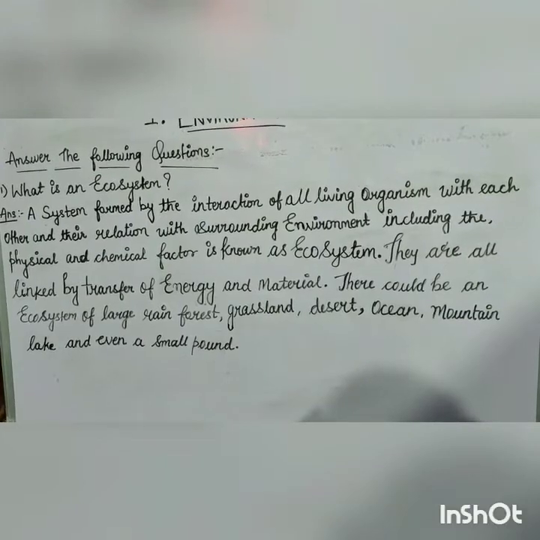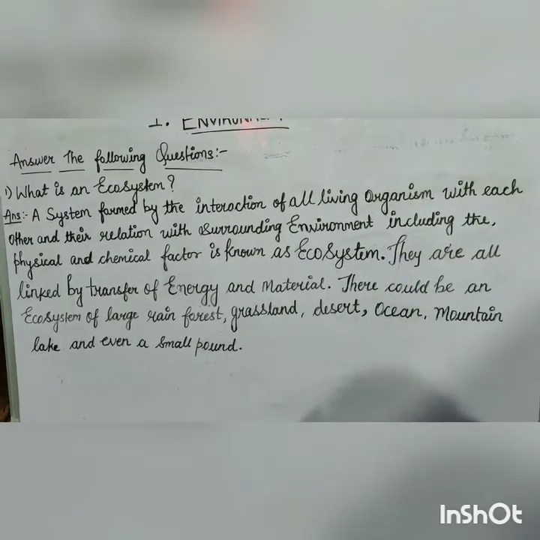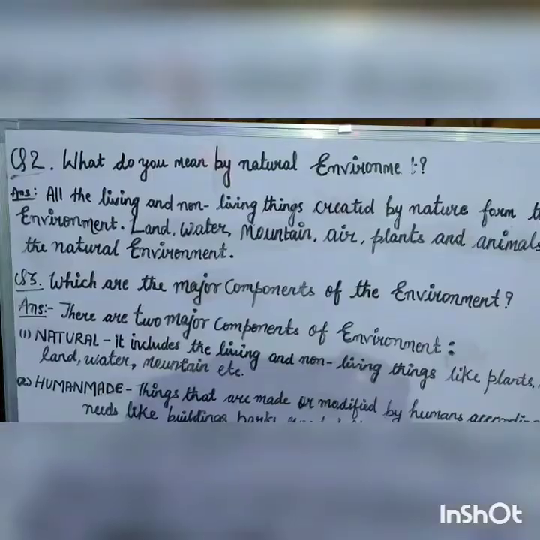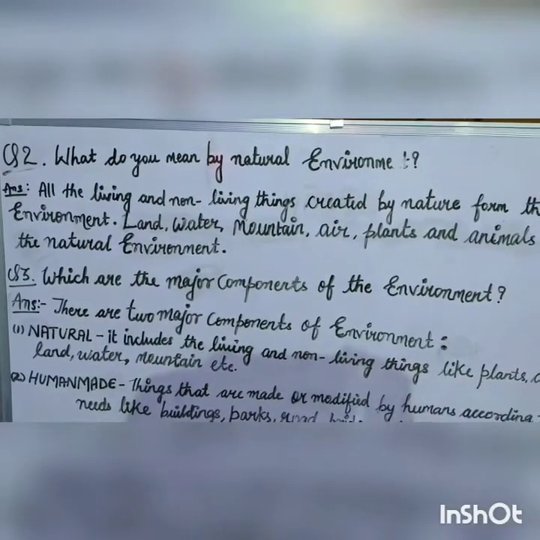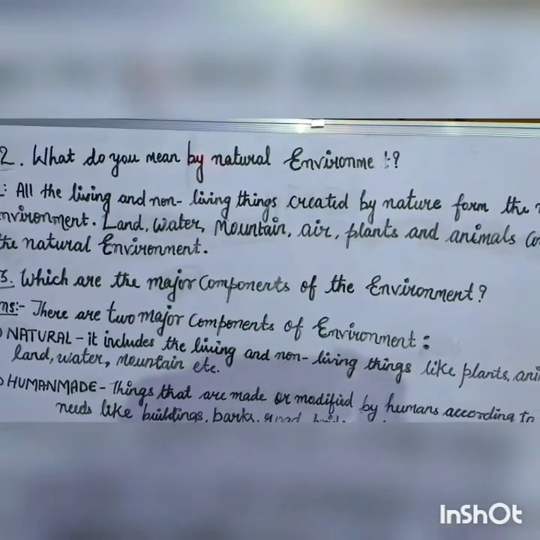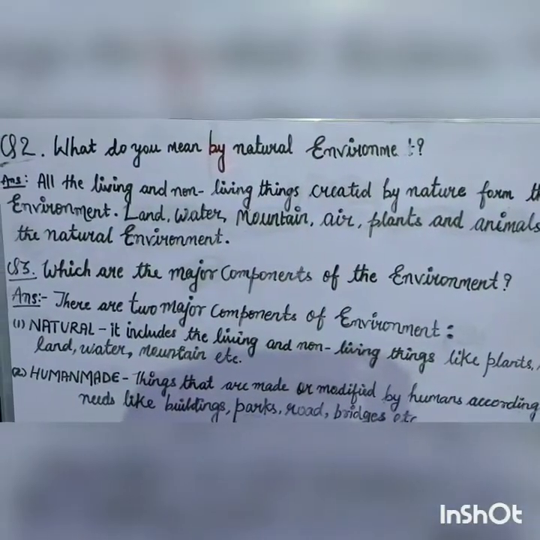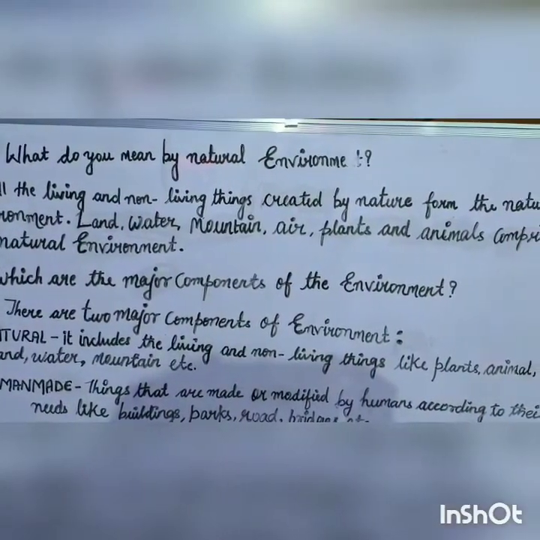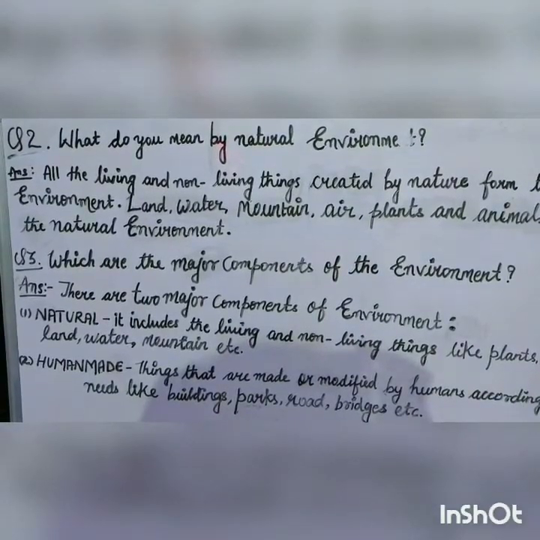There could be an ecosystem of a large rainforest, grassland, desert, ocean, mountain, lake and even a small pond. Question number 2. What do you mean by natural environment? All the living and non-living things created by nature form the natural environment. Land, water, mountain, air, plants and animals comprise the natural environment.